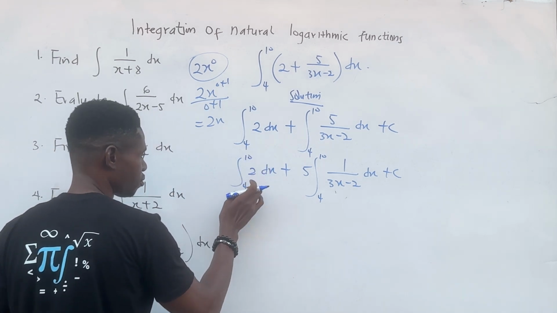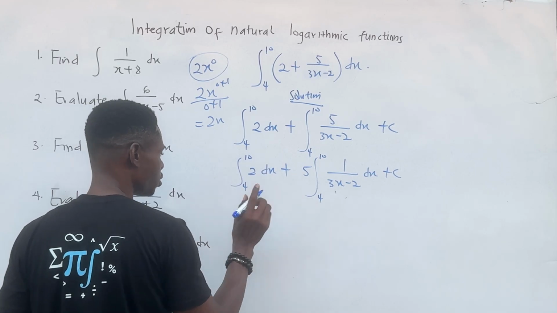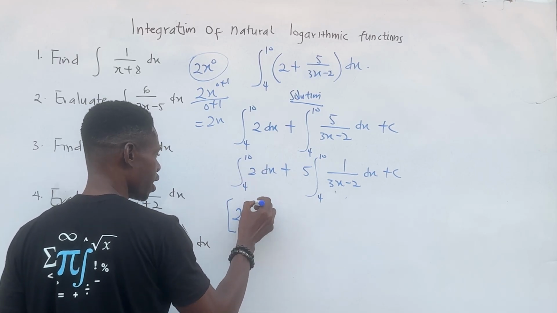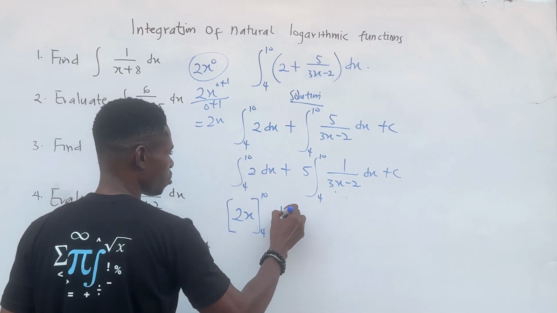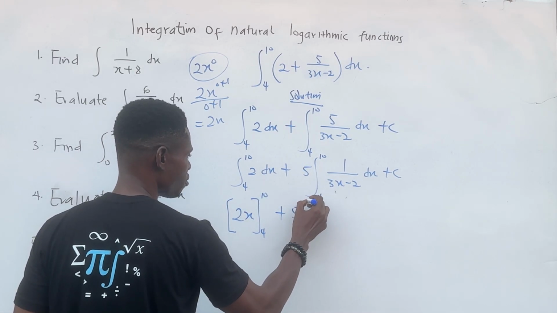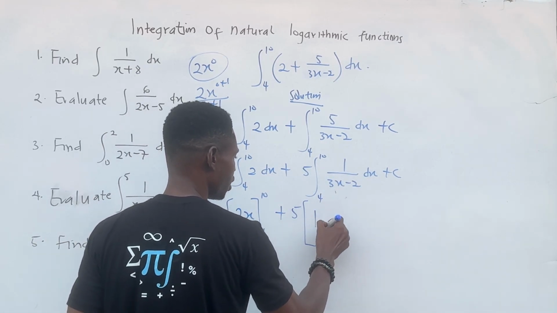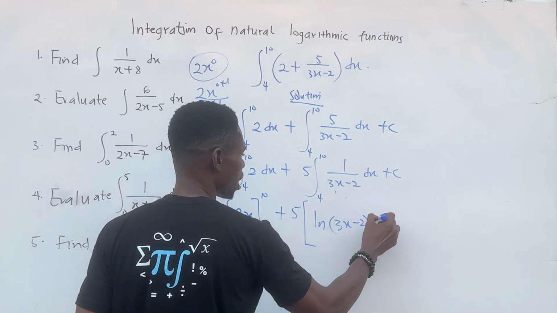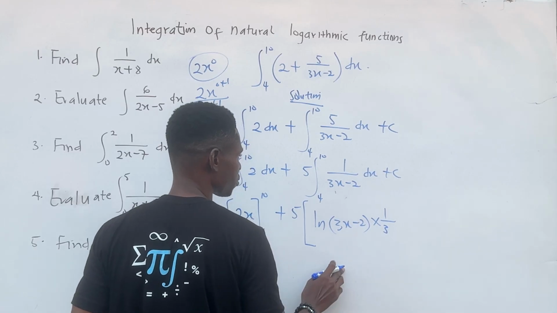Remember, for the boundaries, you replace x with 10 and 4. But we'll integrate first. So if you integrate 2, you have 2x from 10 to 4 plus, in this other case, we have 5, this 5 now, times, if you integrate this, you have ln of 3x minus 2 multiplied by 1 over, if you differentiate 3x, you have 3, right?